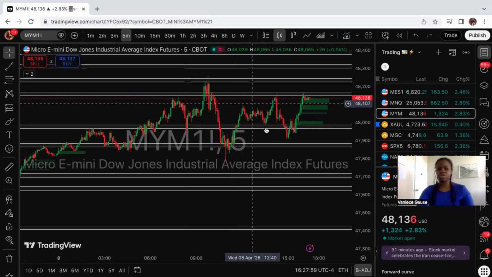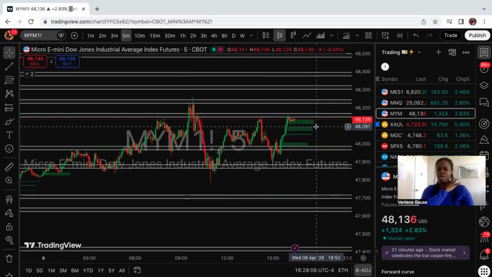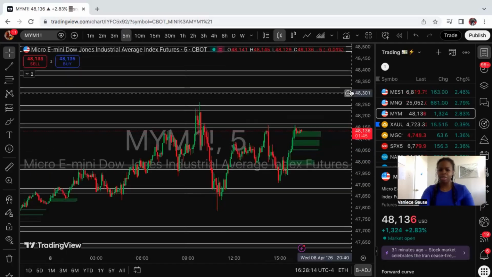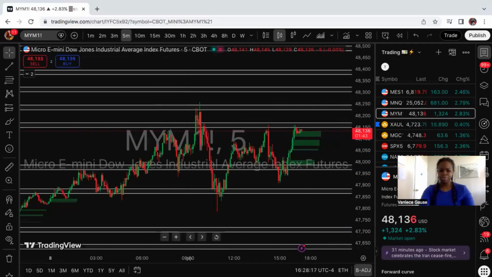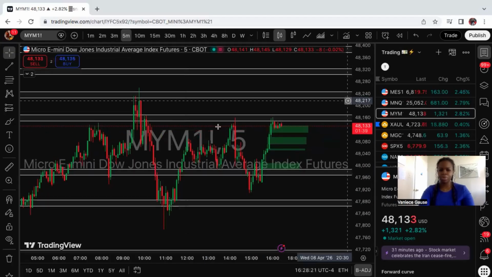So what you want to do is wait for price to return to these areas and potentially see if price could drop from there. You guys aren't going to be able to see it, and I don't think it's going to highlight the fair value gap, but right here there was a fair value gap.